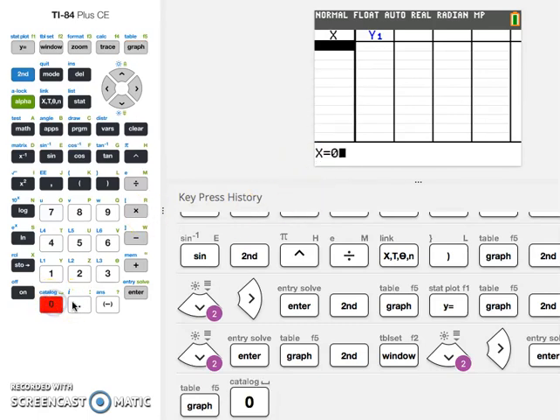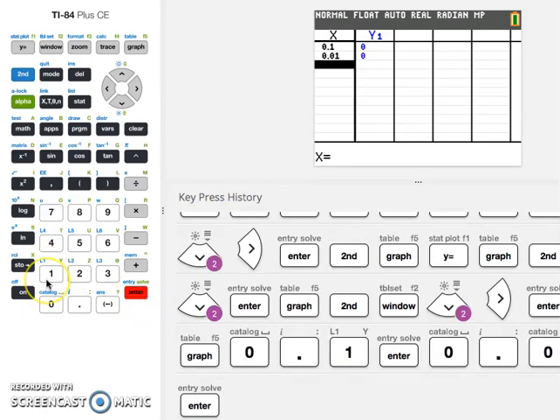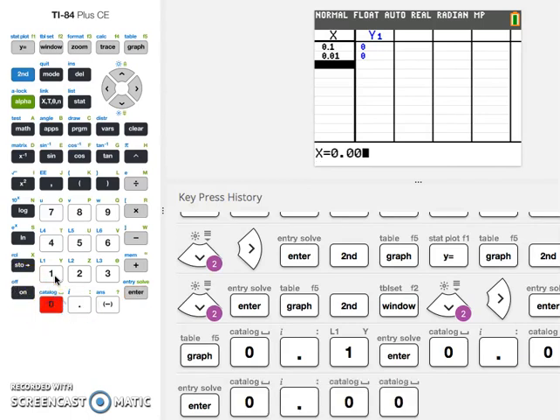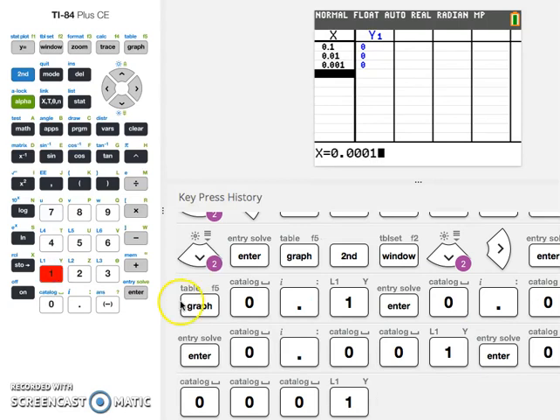So the first one I want to look at is 0.1, and then 0.01, and then 0.001. And finally, 0.0001. Okay?